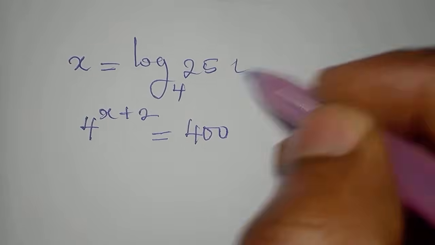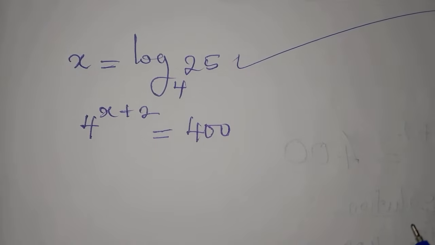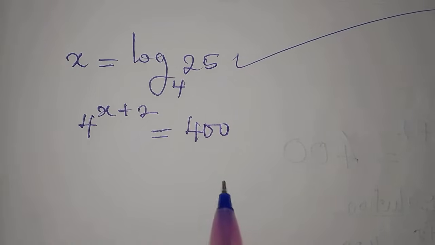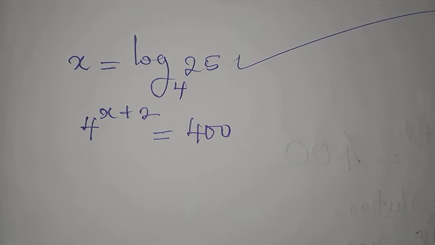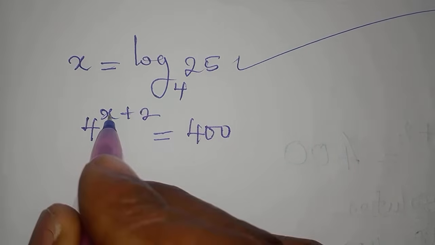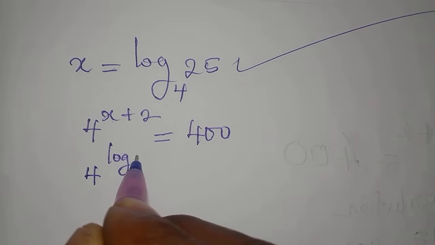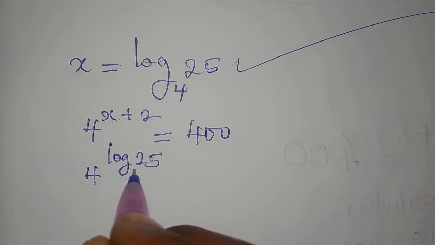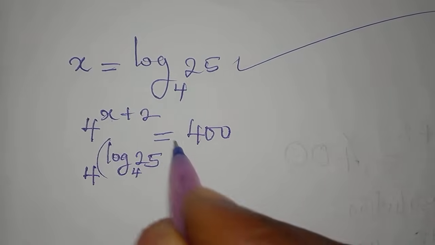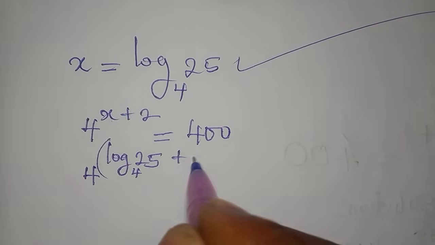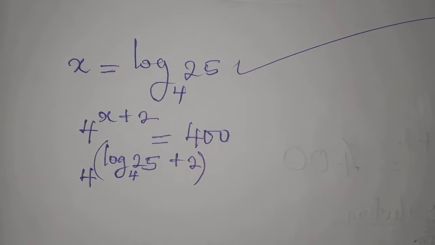So if we put this into the equation and it does not give us 400 here, then we are not correct. So in place of x, I'm going to put log 25 to base 4, and there's a plus 2 over there, so we add 2. Then we now apply another law again.